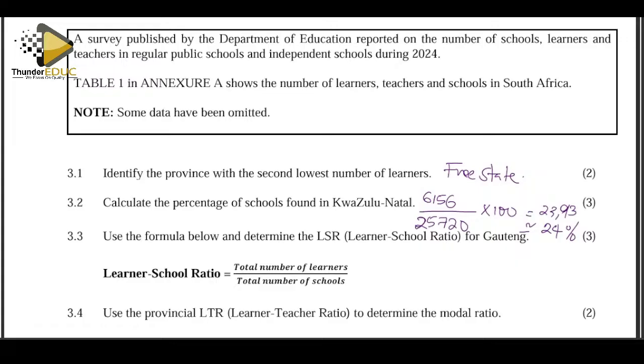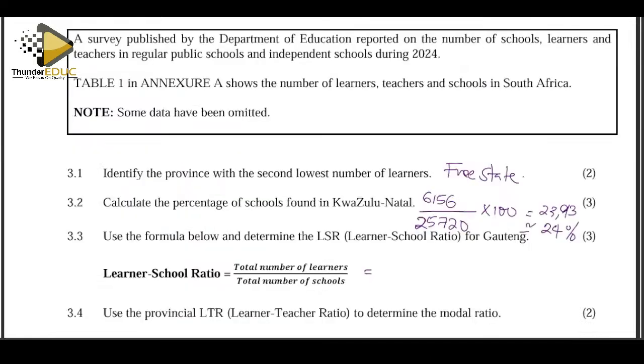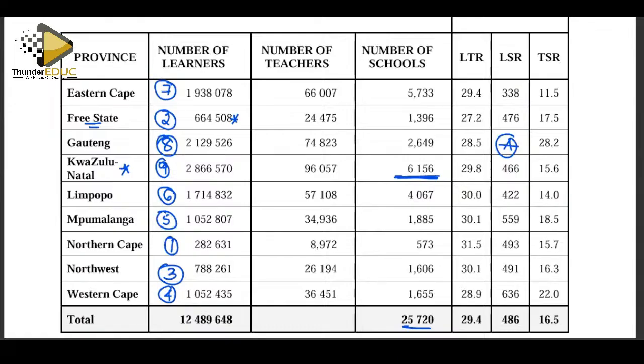Then use the formula. Take note, they have told you to use the formula, which is already given to you, to determine the learner school ratio for Gauteng. Let's go and see. For Gauteng it's this one. Oh, it's indeed missing here. Let's come and see. They have told us the number of learners, we have 74,823.